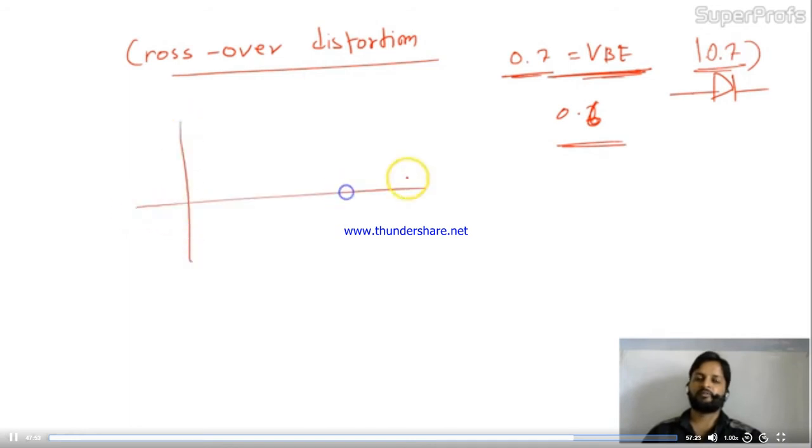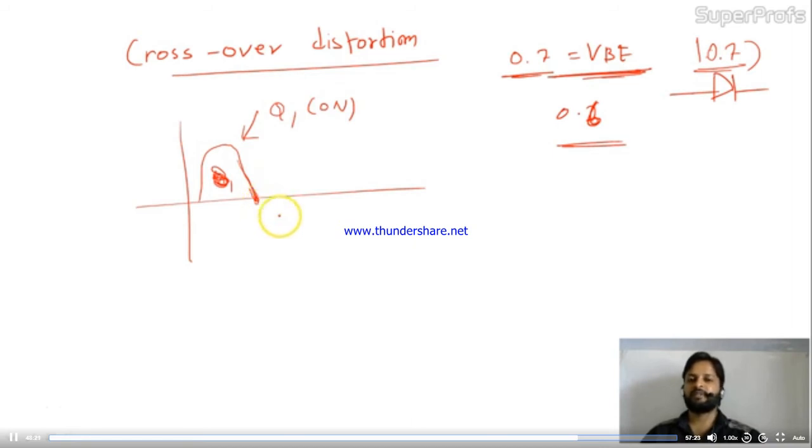So let's take one transistor is working, because the transistors work one by one. Suppose this is the transistor Q1, and this is the wave because of Q1 on. When at this point Q1 is going off, immediately we will not get the output, because for the second transistor Q2 you have to give 0.7, then only it will work.